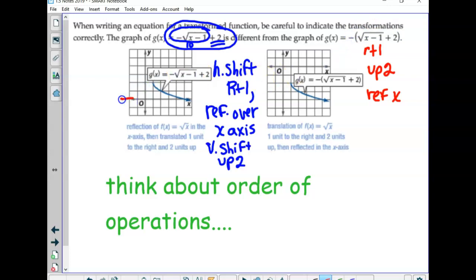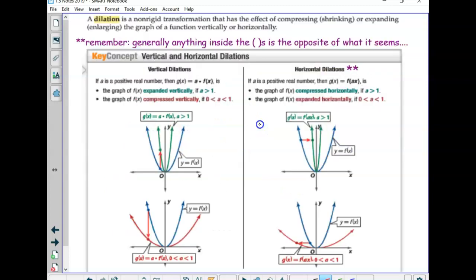But I need you to see that here is the x-axis and here is the x-axis. Do you see that where that blue thing is are very different? Okay? Because when you reflect over the x-axis, you don't just flip it upside down. Okay, if we went up here and then totally reflected it, it would wind up down here. Just keep in mind order of operations when you're doing the order that you follow these in.